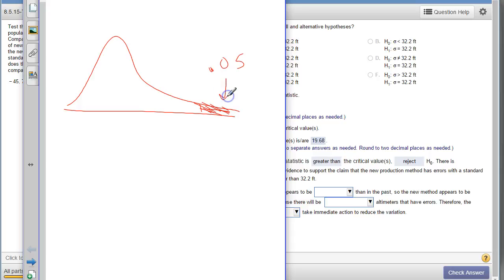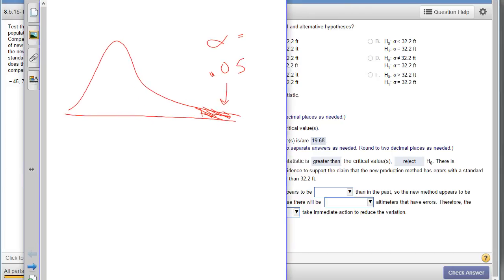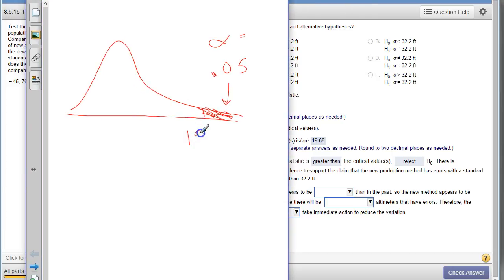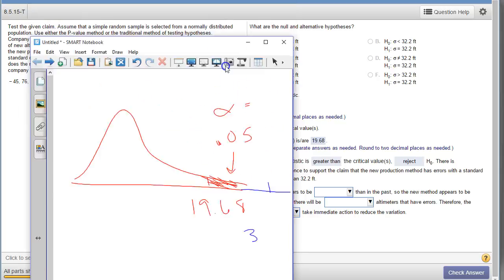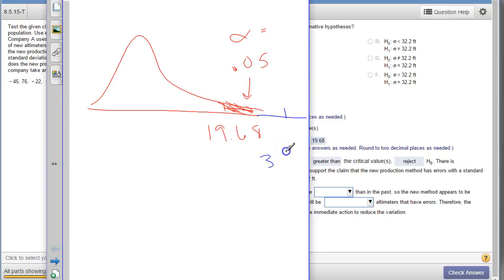That's the level of significance, alpha. The number that cuts that off, according to what we saw, was 19.68. That's the number down here. And the number we computed from our data set was way up here, 35.37. I'll put it as 35.4, but it's way up here.